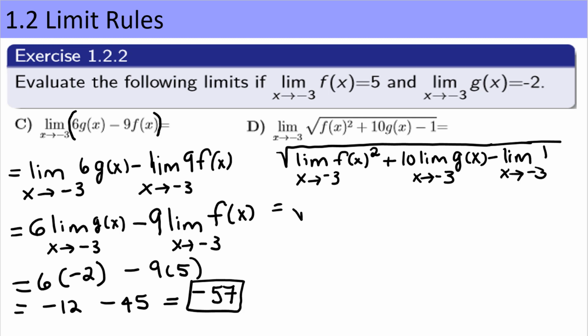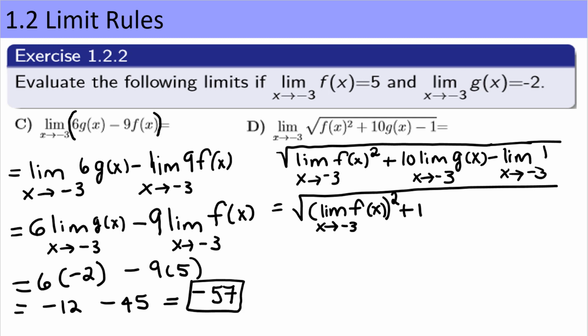So we will have the square root of the limit as x approaches -3 of f of x squared. Then we can have plus 10 times the limit as x approaches -3 of g of x, which is -2, minus the limit as x approaches -3 of a constant is that constant, so this will remain 1.